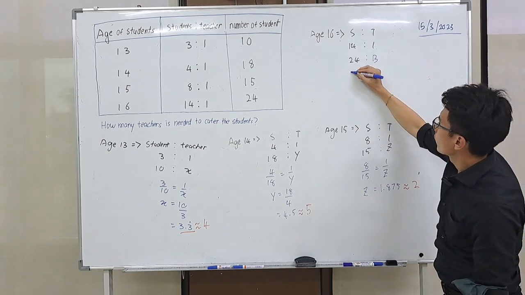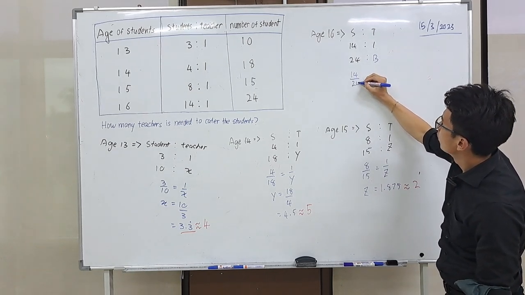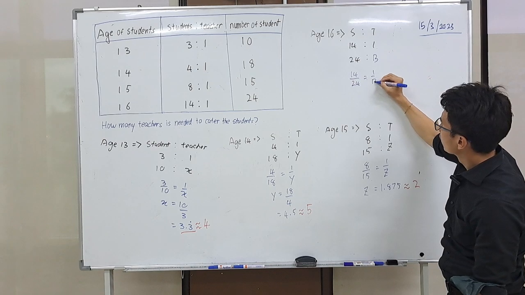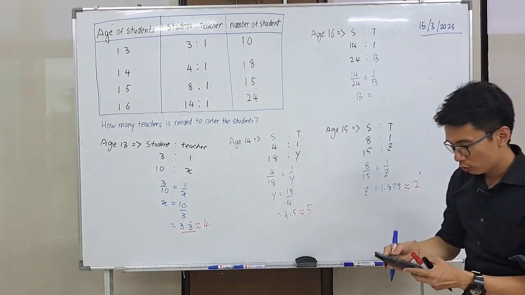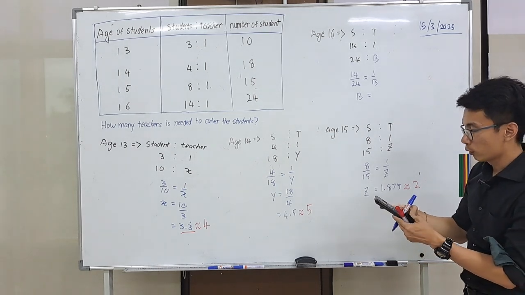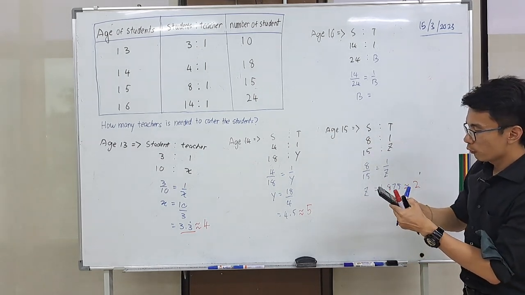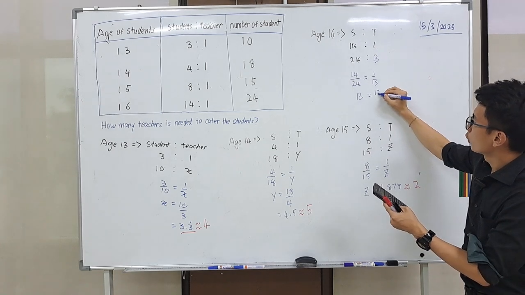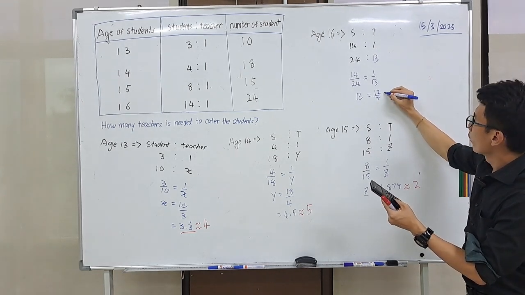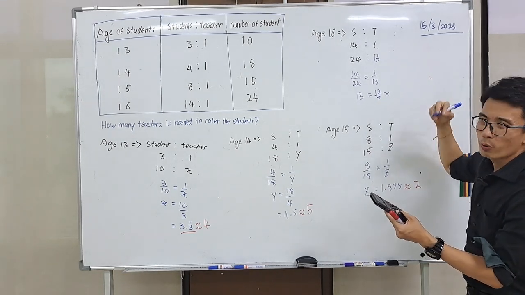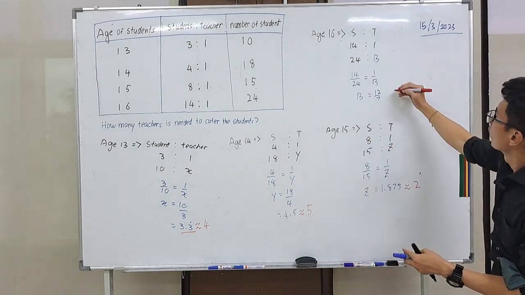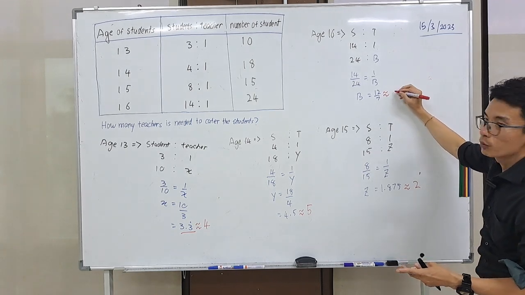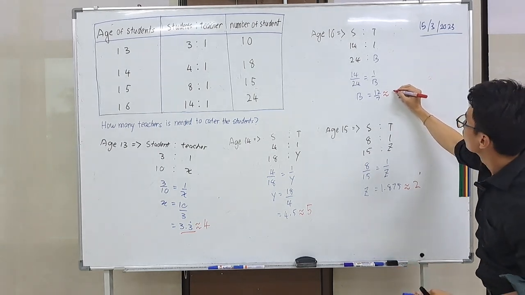So I will change this to my equation now. I will solve this and I will get 24 divided by 14, which will give me a fraction of 12 over 7. If I change it to a decimal, it's 1.7 something. And I will round this up to the nearest integer, which is 2.